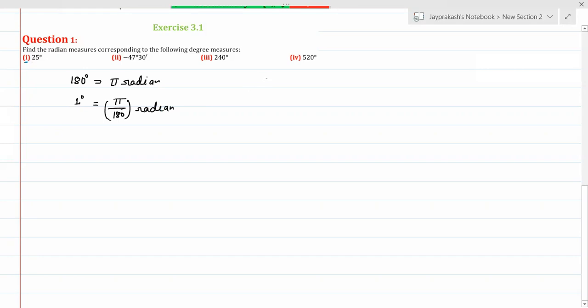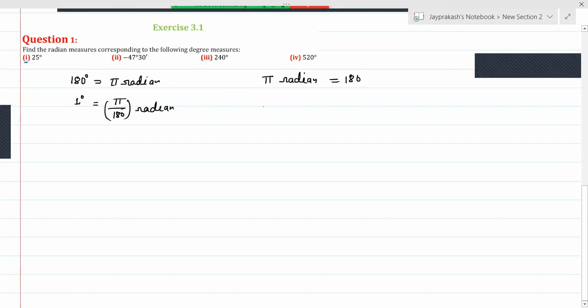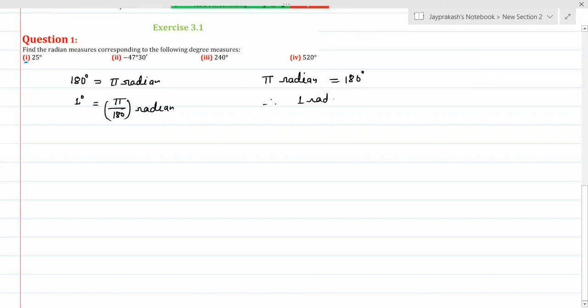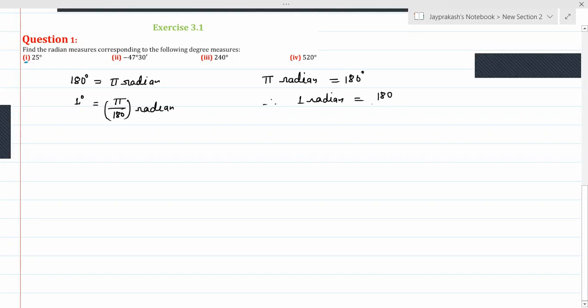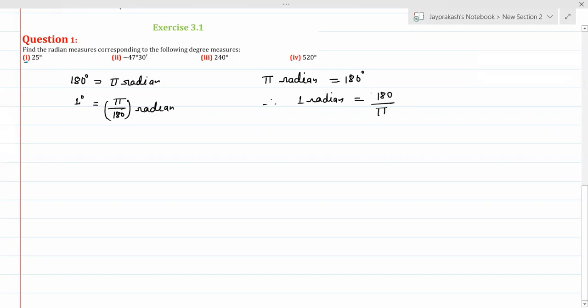And if you need to change pi radian to degree, you can simply say pi radian is equal to 180 degree. Therefore, 1 radian is equal to 180 by pi. This is the degree measurement.